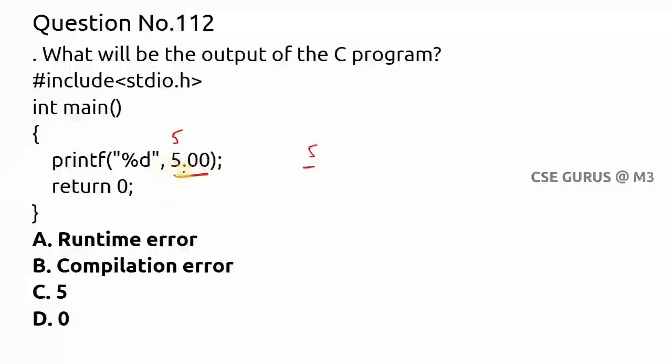We may think that since we are using %d, it will take only the integer part and print the integer. Is it correct? Definitely not. It won't print like that. When you make a type conversion with integer, then it will consider integer. But here you have given only the format specifier.